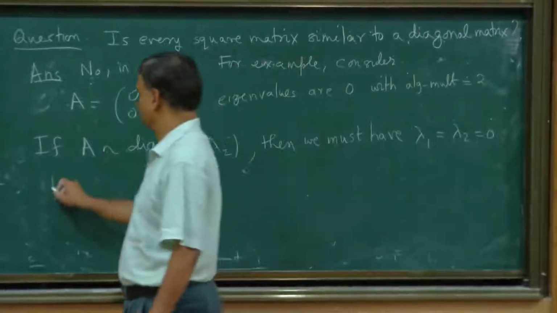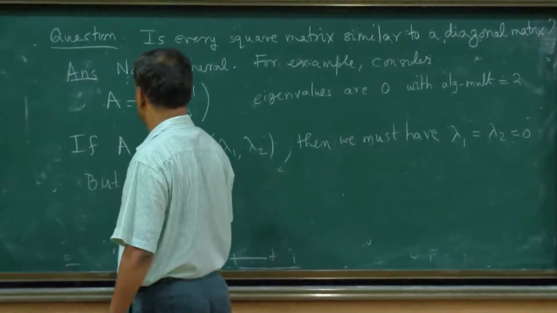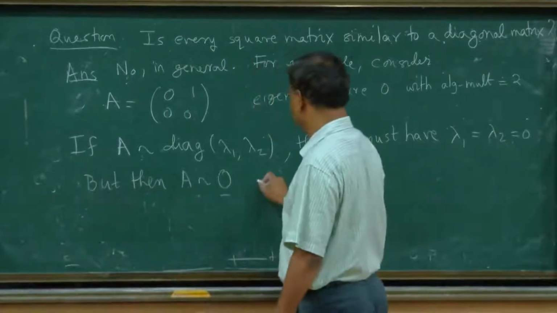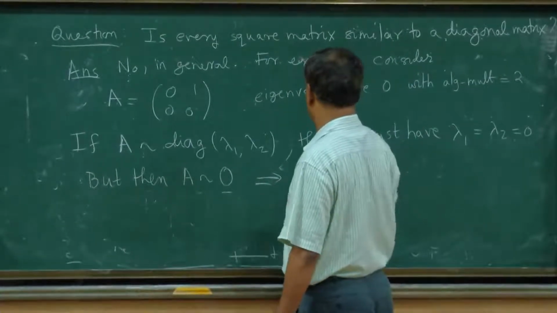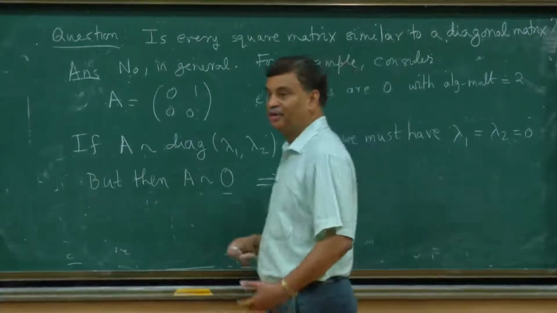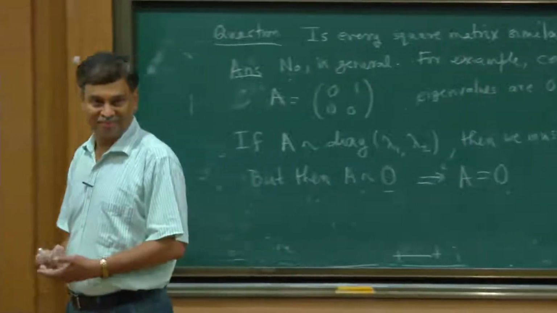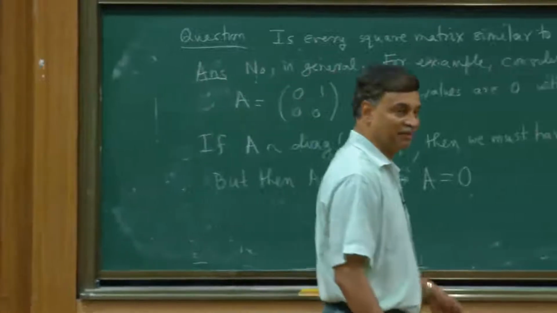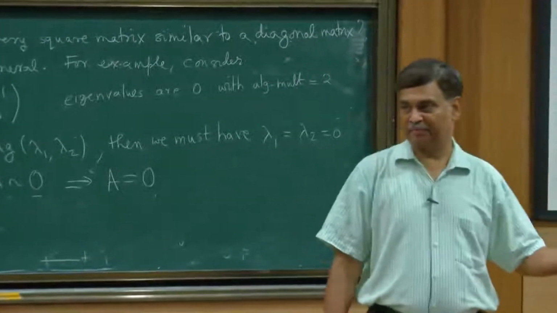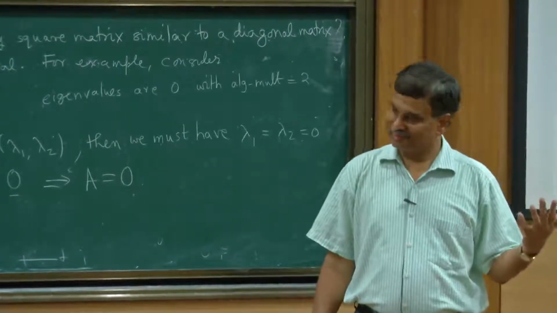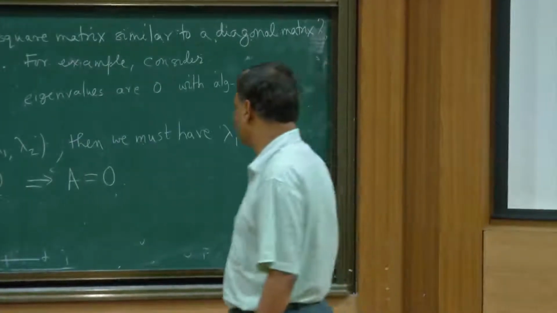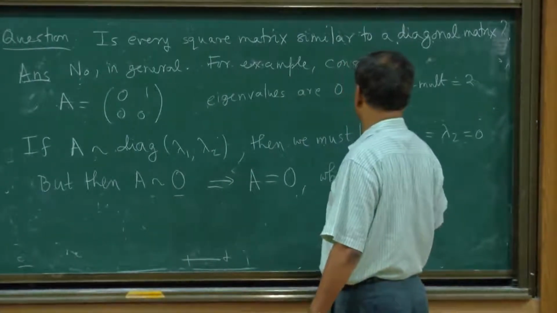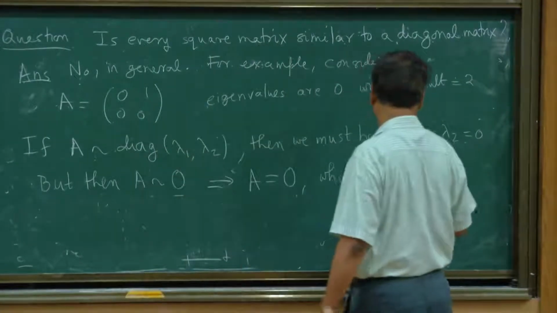But then A is similar to the 0 matrix, if you like, which implies A is 0, because the only matrix similar to the 0 matrix has to be 0. 0 is in a similarity class by itself. Likewise, any matrix which is similar to the identity matrix has to be identity. Which is a contradiction, because A has a non-zero entry.